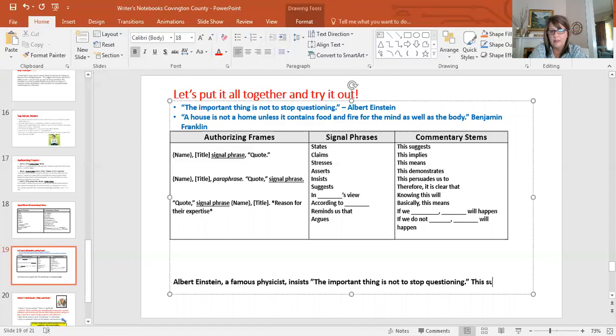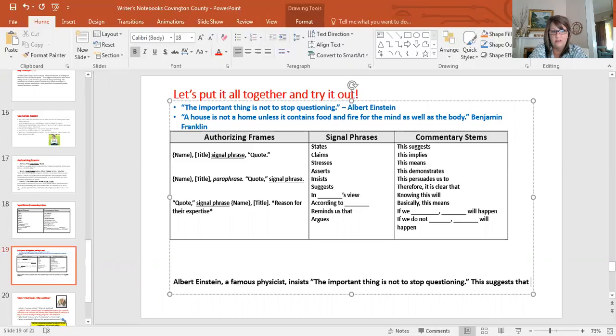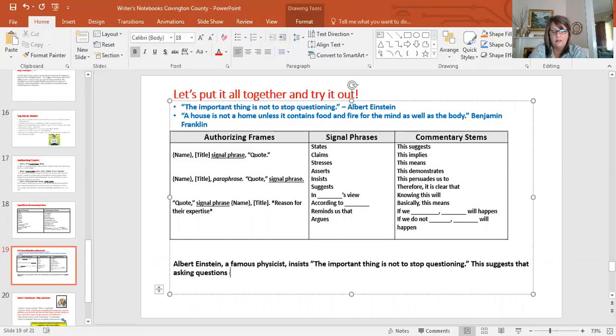This suggests that questioning, asking questions, is a key part of learning and growing.